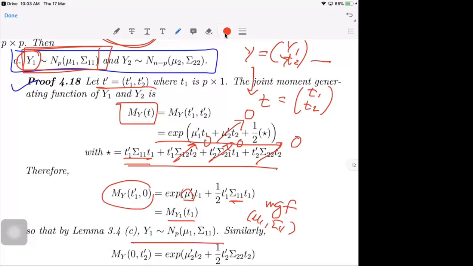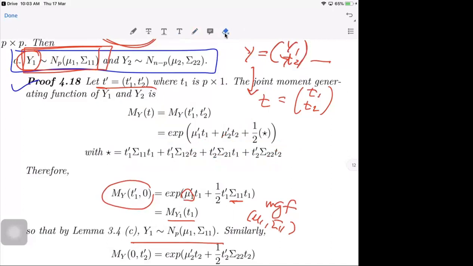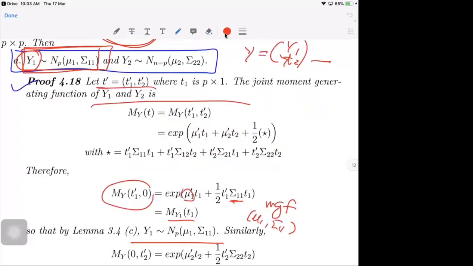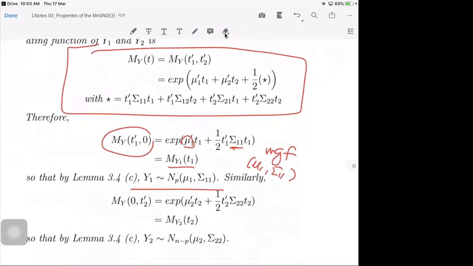So that's the conclusion. And similarly, using this result here, letting t1 be equal to 0 will give you the marginal moment generating function for y2.